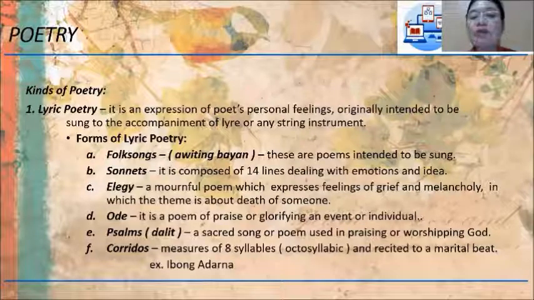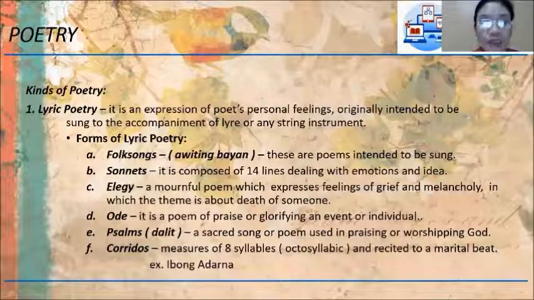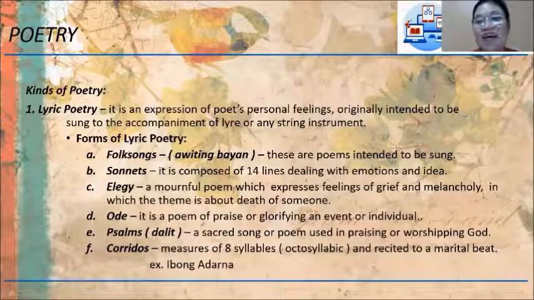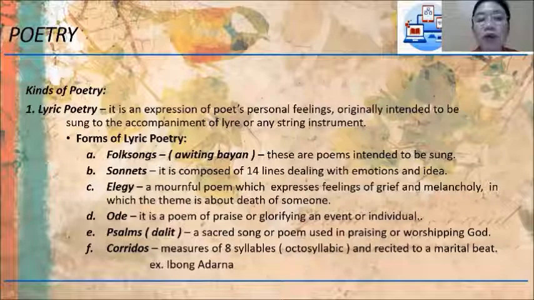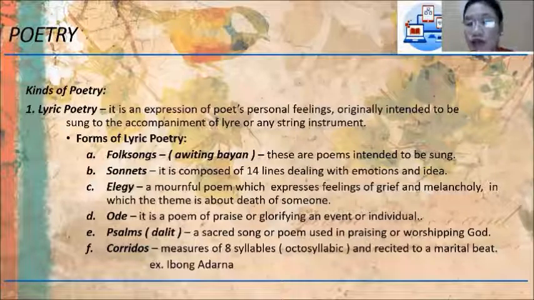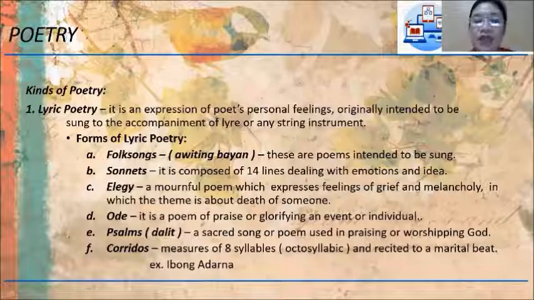Elegy is a mournful poem which expresses feelings of grief and melancholy, in which the theme is about the death of someone. So in other words, elegy is a poem for the dead. Now we have ode. It is a poem of praise or glorifying an event or individual. And also we have here psalms or dalit.